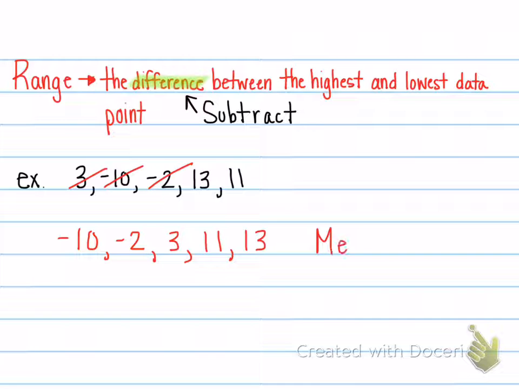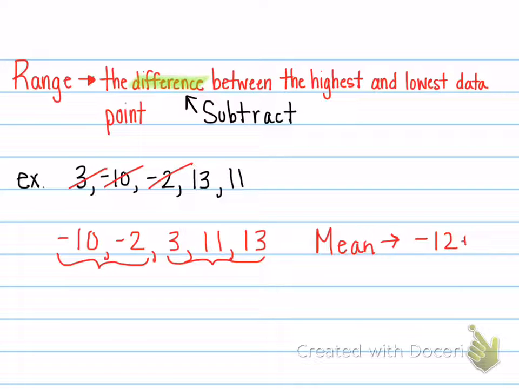I'm going to start by adding my negatives first. So I have -10 and -2, and I know that that's -12. And I have 3, 11, and 13. I add 3 and 11, that's 14. 14 and 13 is 27.